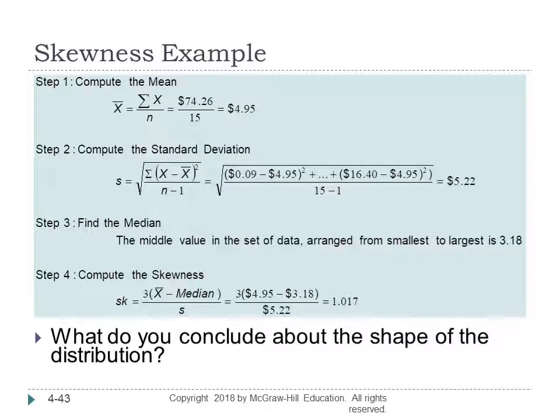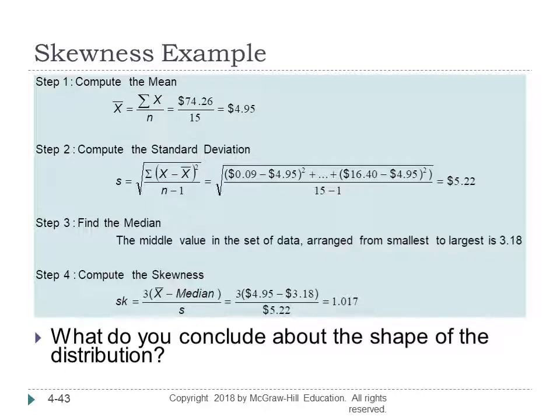S is the square root of the sum of the squared deviations divided by n minus 1. You can either use a table or do it in one line. You need a calculator probably for the square root of this quantity. You should get 5.22. That is the standard deviation.